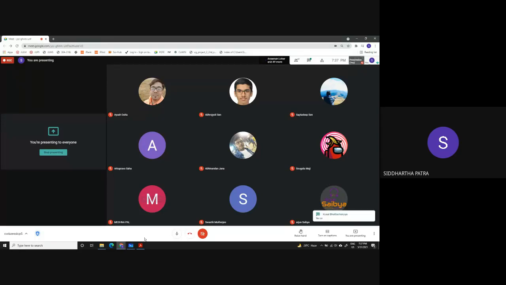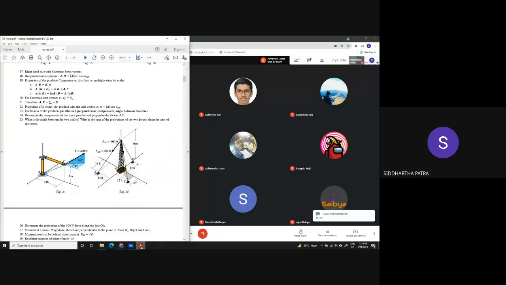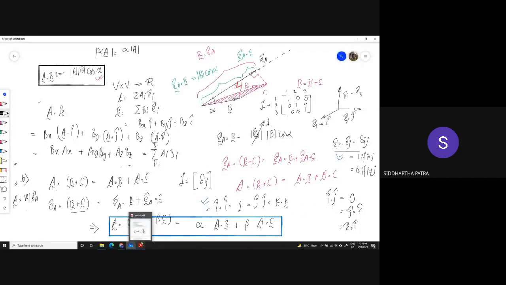Okay, so what we have learned about the dot product is that it is good for giving us the projection of any vector in a given direction. For example, if I'm given a vector A, and then another vector B, and I'm asked to find the projection of B on A, what I should be doing is taking the unit vector along A and then taking the dot product with B. Okay, that essentially is going to give me the projection of B on A, and vice versa.